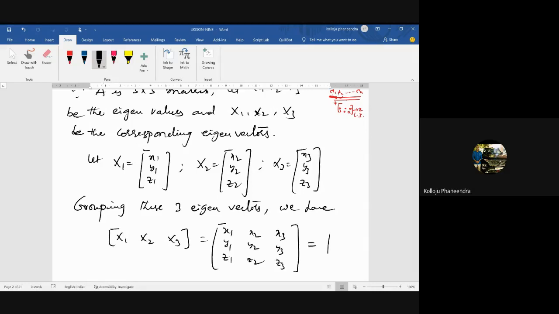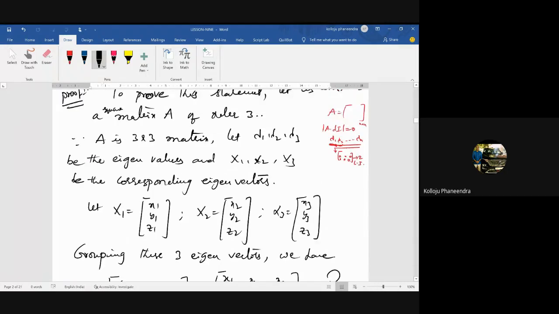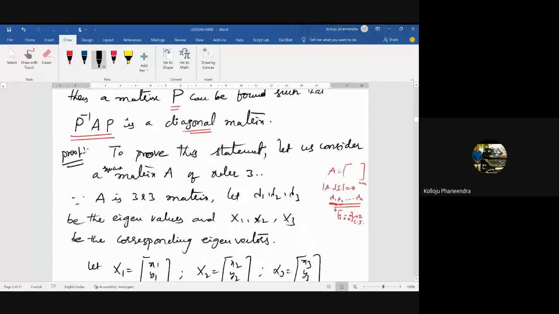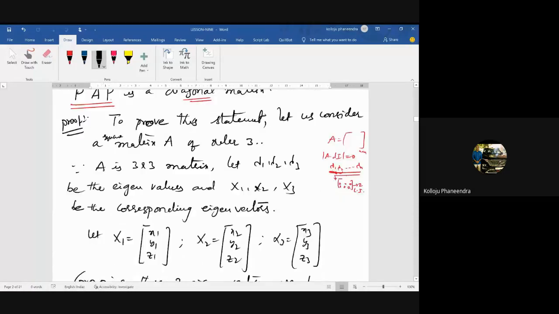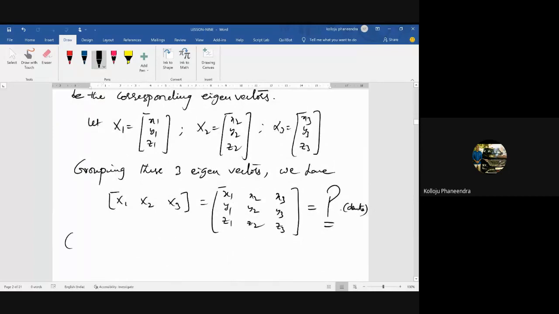This matrix is denoted P. That means this matrix P, whatever I gave in the statement, is formulated by grouping the eigenvectors.